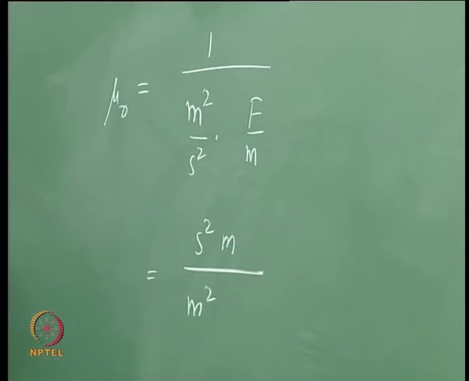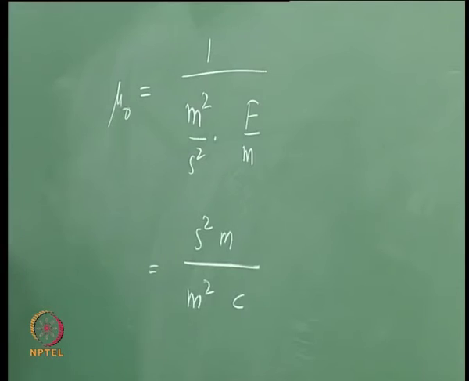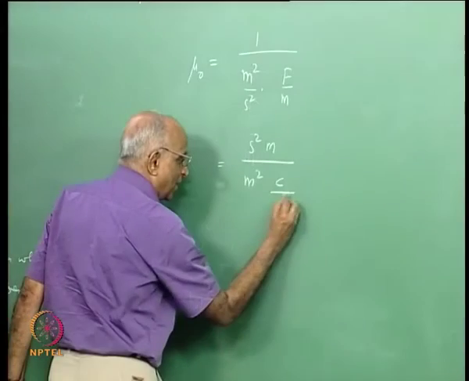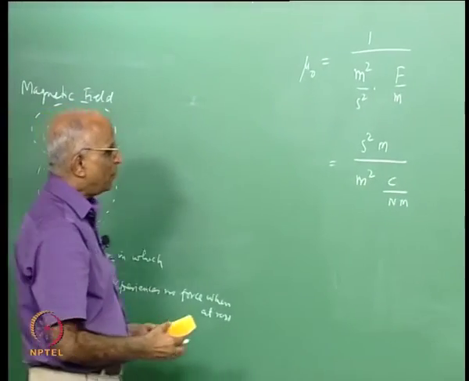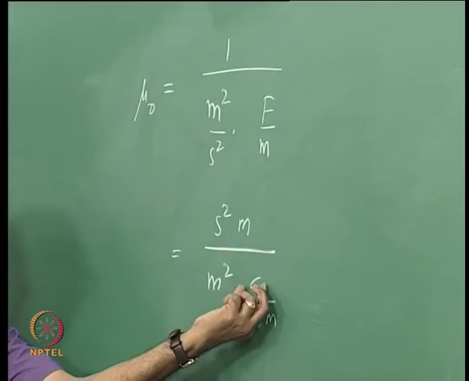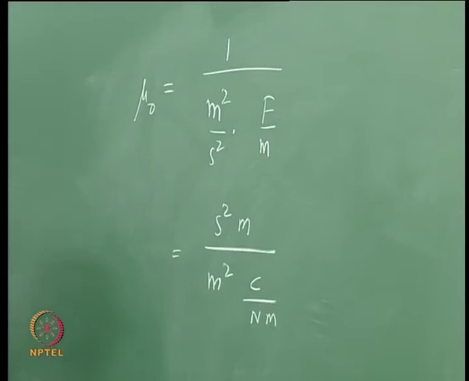And what was farad? Farad is the charge per unit voltage, C by V. And what is V? V is the work done, Newton meter. Therefore, I have work done, that is charge per voltage.